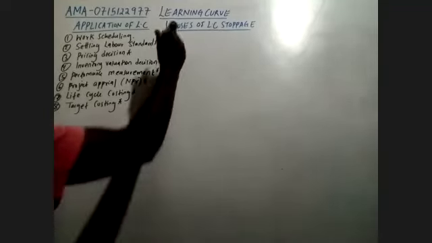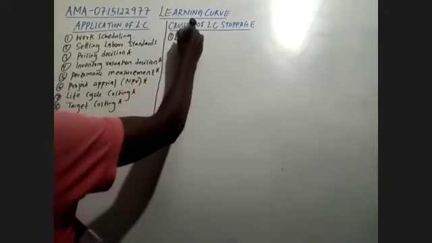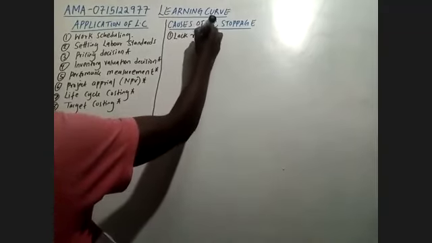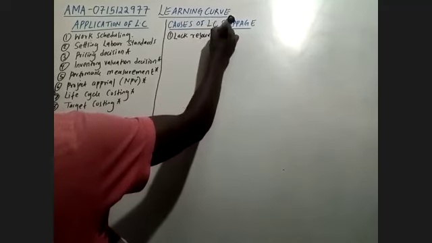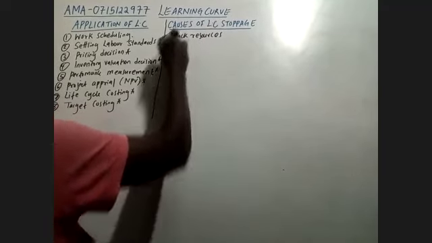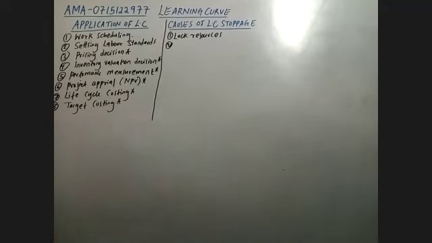Number 1, lack of resources. You are supposed to make a measure, but you don't have the resources to make it, so you have to wait until you get the materials. That one will make the work stop.